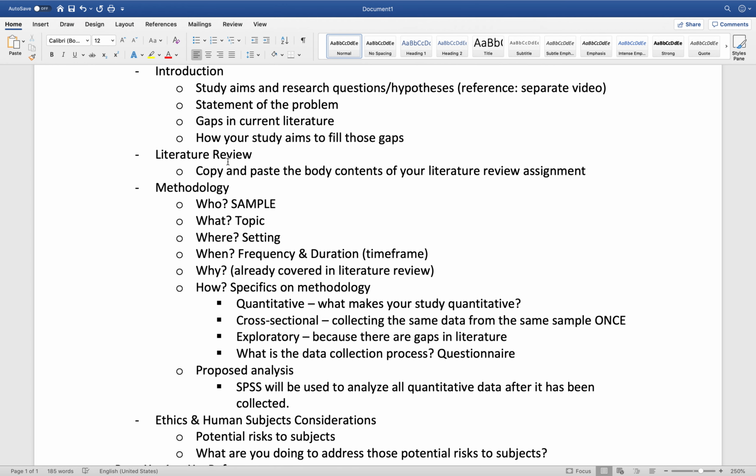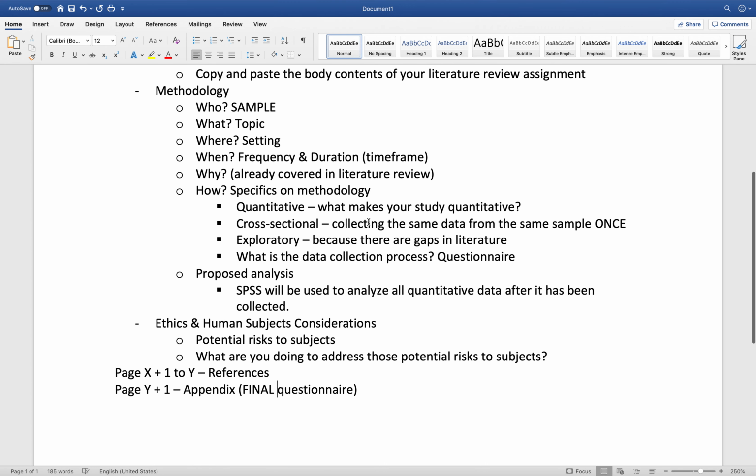Then you have your literature review section where you're copying and pasting the body contents of your literature review assignment that you've all submitted. And you have a methodology. You're answering the who, what, where, when, why, how questions, as I've detailed already: the sample, the topic, the setting, the frequency and duration, the time frame. The why question you've already answered in the literature review, so you wouldn't have to go into that in any further detail. And the how question is the specifics on methodology.